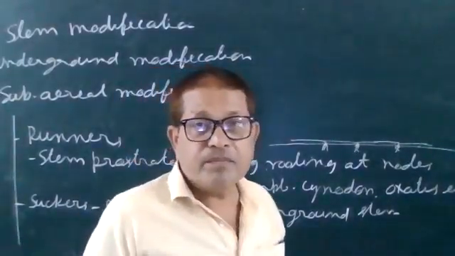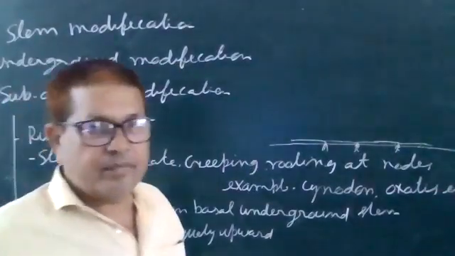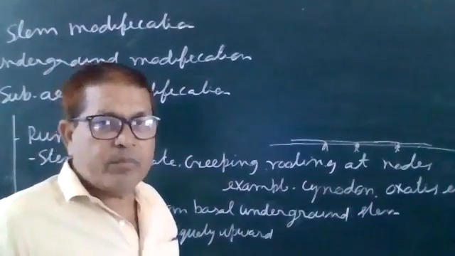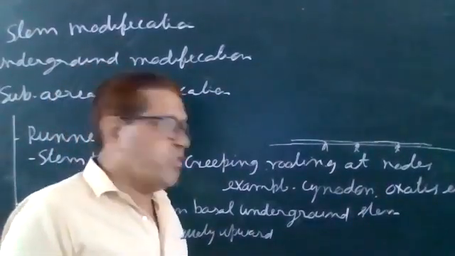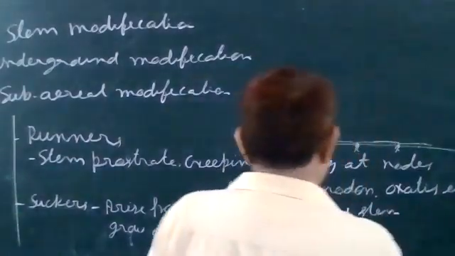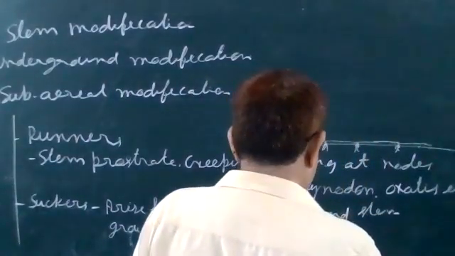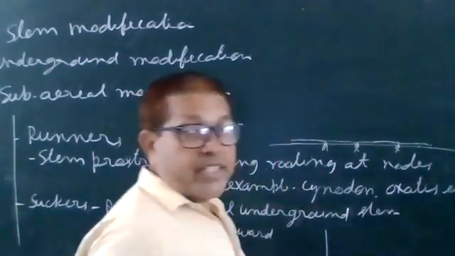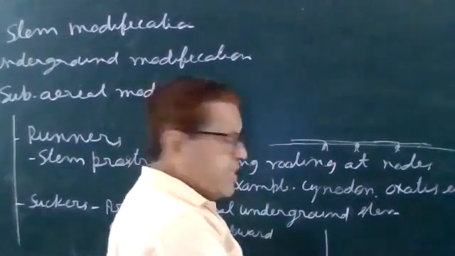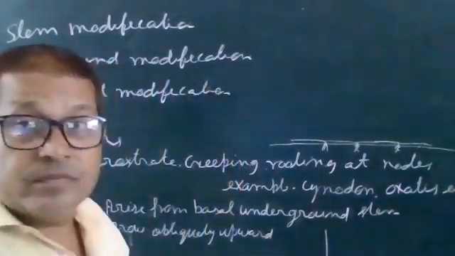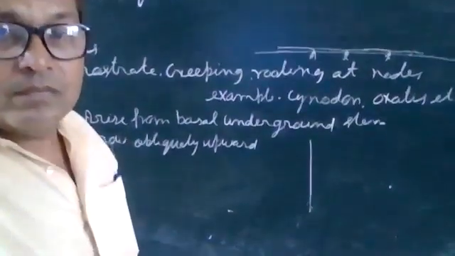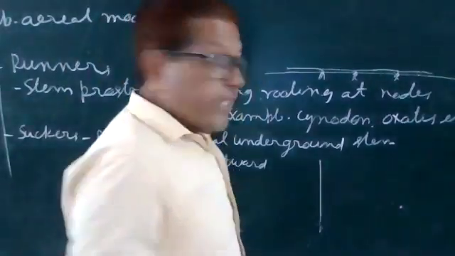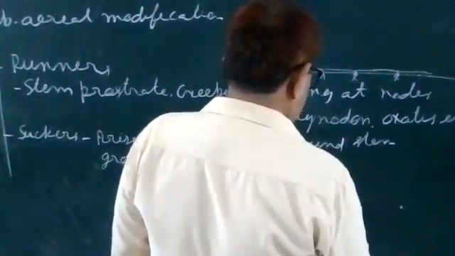An example is mentha, called pudina. If you grow one plant, then other plants arise.